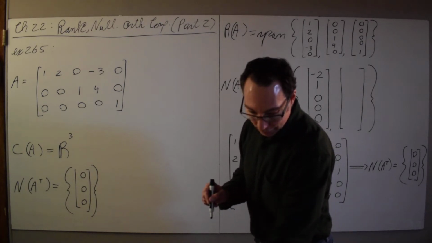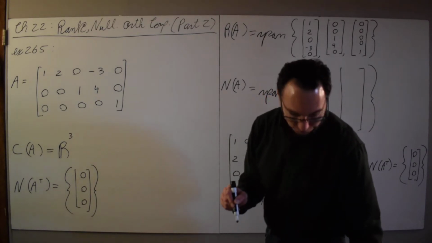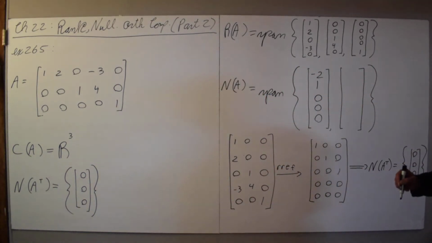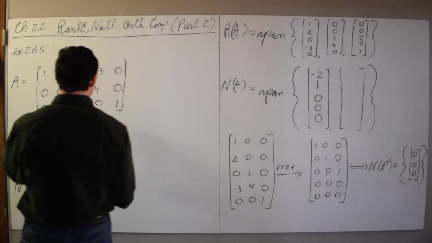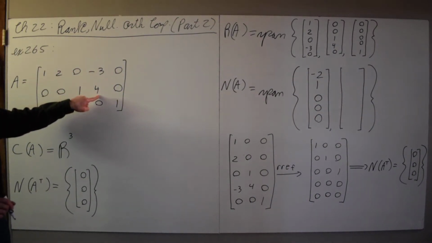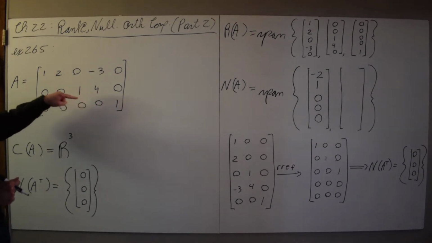Then we need to find a second vector. So let's find our next free column. Our next free column is the fourth column. Now when we build this second vector, we're sort of going to pretend that this second column doesn't exist.